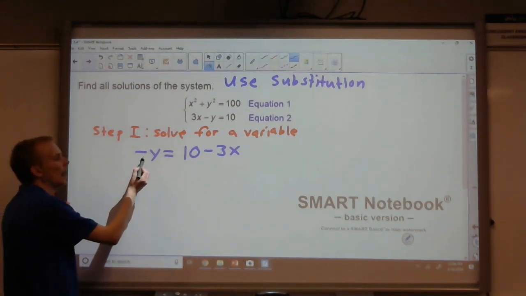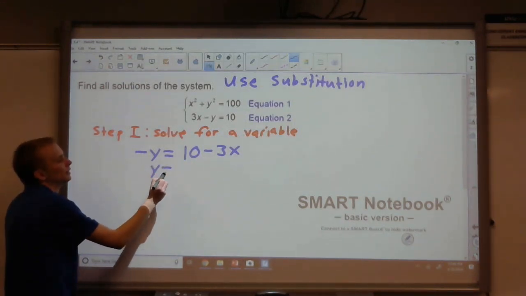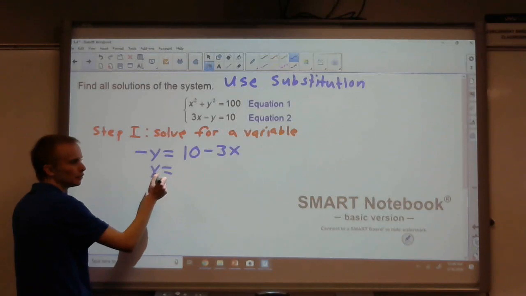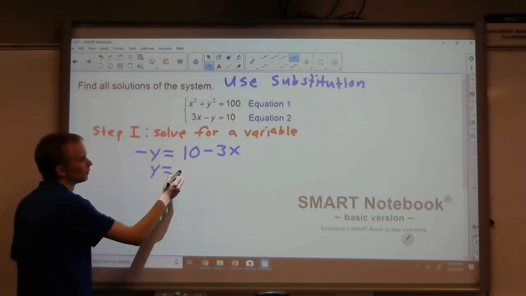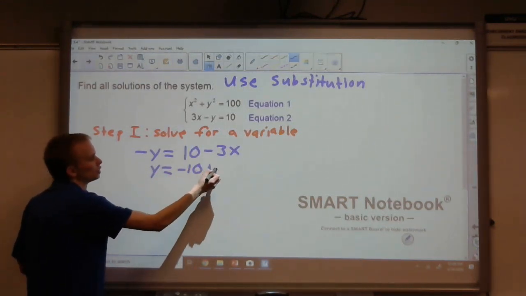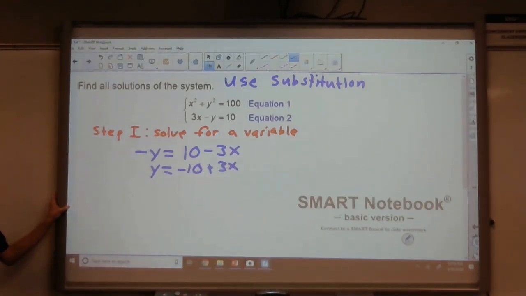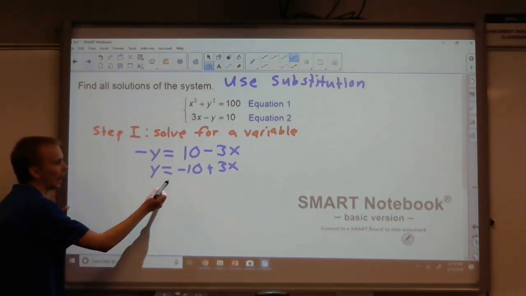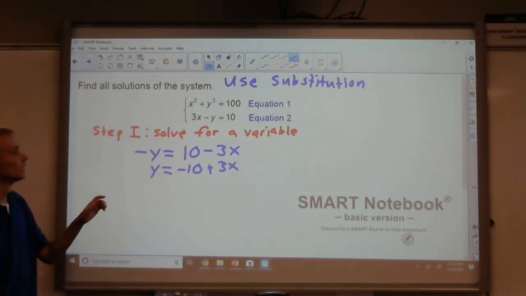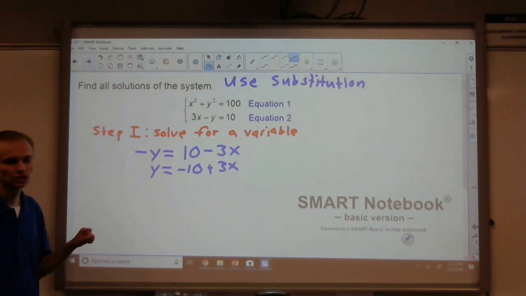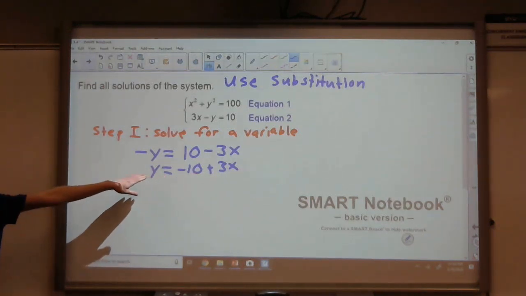And then to get y alone, I'll just times by a negative, or divide by a negative if you prefer. That will just switch both of those signs. Okay, so I now have an equation for y. Okay, I've completed step 1, I've solved for one of the variables.